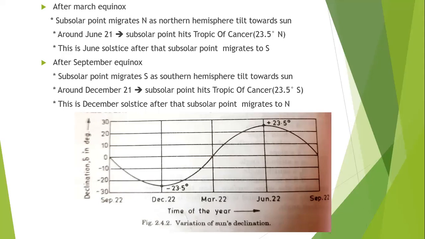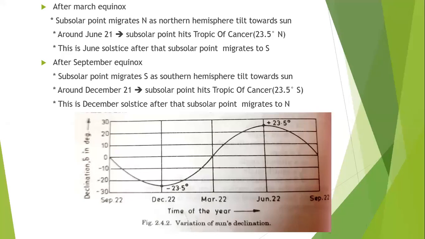So it will be migrating to north up to June 21st. At June 21st, the subsolar point hits the Tropic of Cancer. The Tropic of Cancer is also referred to as the Northern Tropic. It is the most northerly circle of latitude on the Earth at which the sun can be located directly overhead.